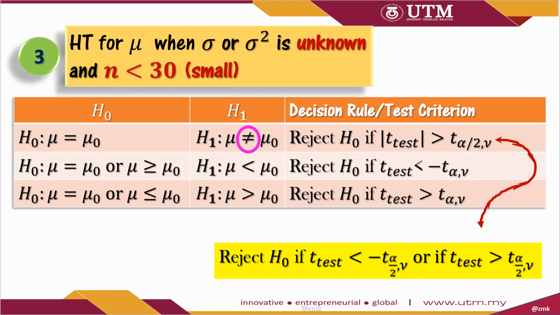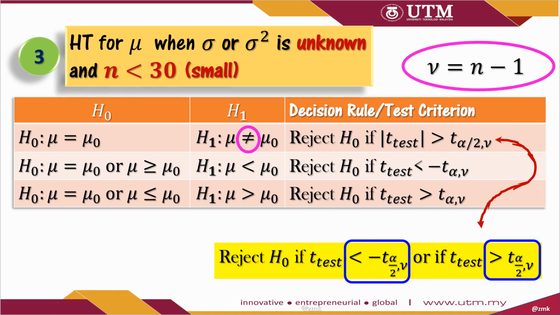Reject H0 if t-test is less than negative t alpha over 2, nu on the left, or if t-test is greater than t alpha over 2, nu on the right. The notation nu is the degrees of freedom defined as the sample size n minus 1.